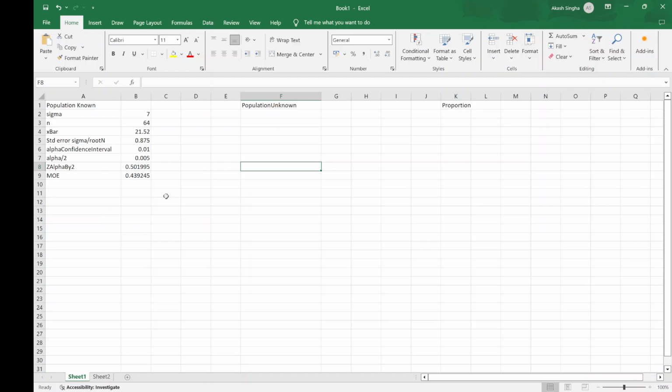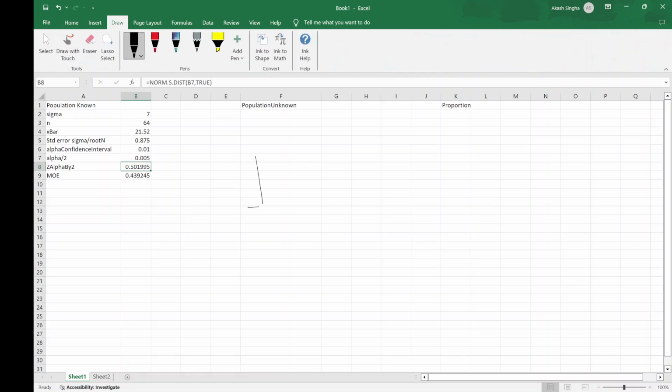So if we draw the picture, the mean is here, 21.52. We need an interval of 99%.